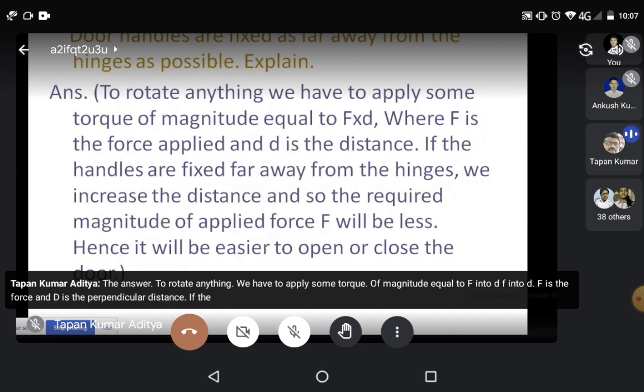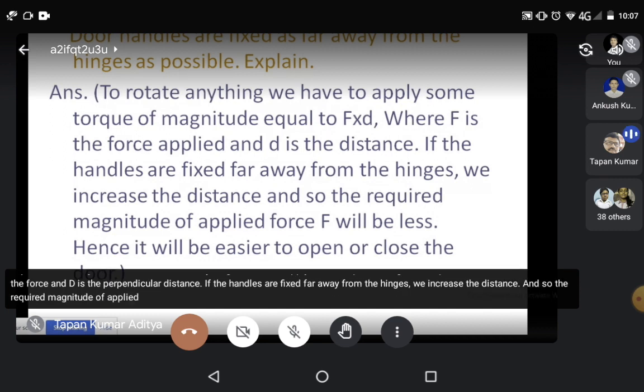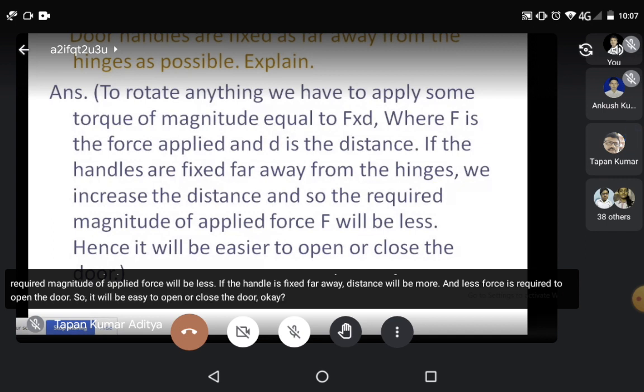If the handles are fixed far away from the hinges, we increase the distance, so less force is needed to open the door. So it will be easy to open or close the door. Okay? So I hope all of you understand this.